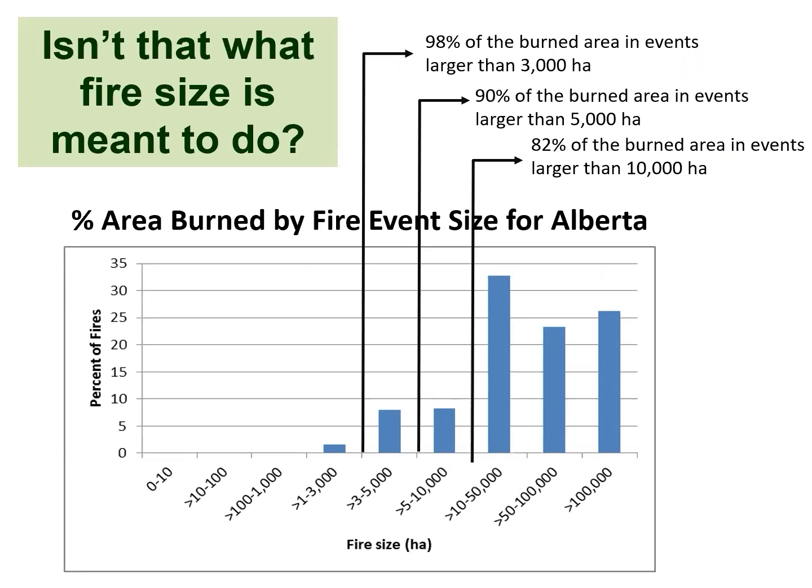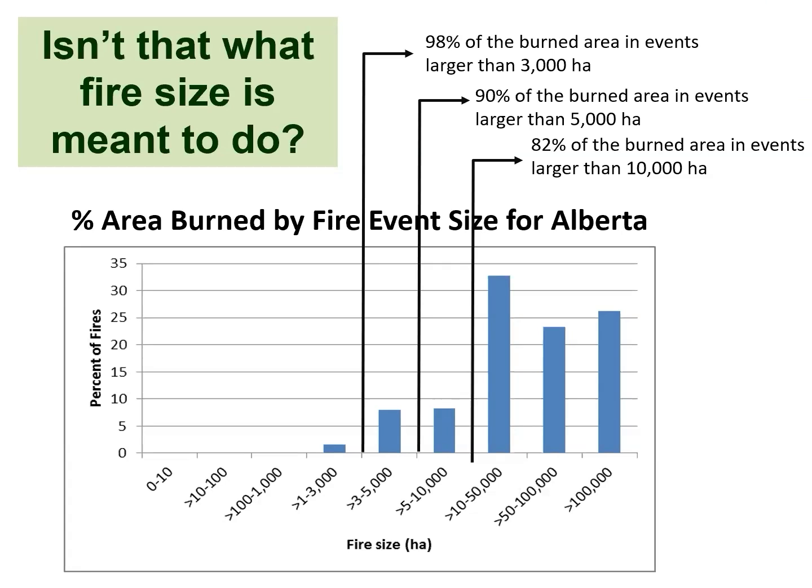If we compare fire size maximum numbers to the area burned by fire size, and in this case I just used Alberta, but these numbers are very similar for anywhere in the boreal. We can see that the vast majority of the fires are very, very large. So even at 10,000 hectares, which is the limit for Ontario, still 82% of the area that's burned happens in fires that are larger than that 10,000 hectares.